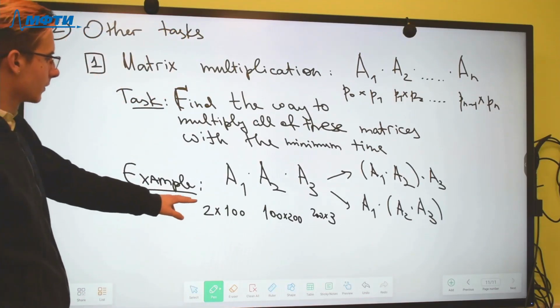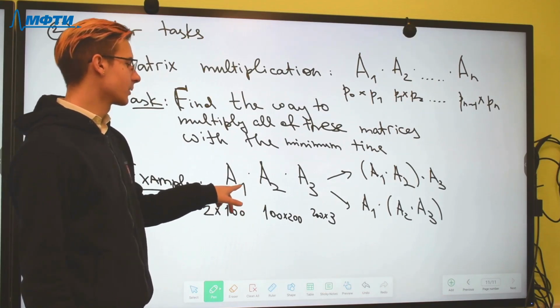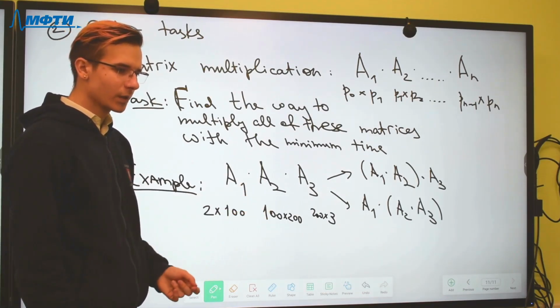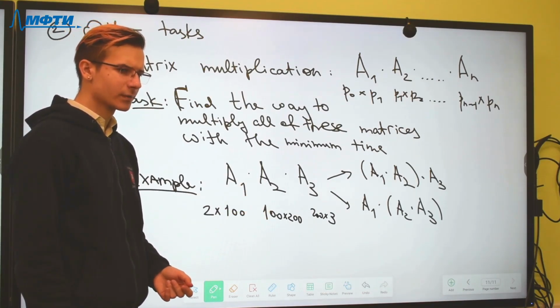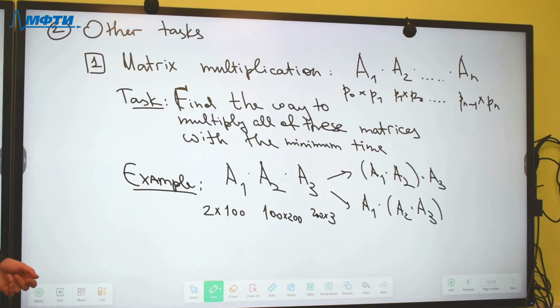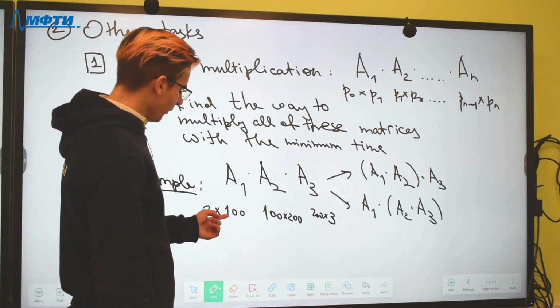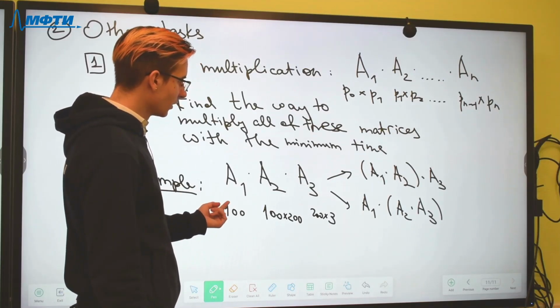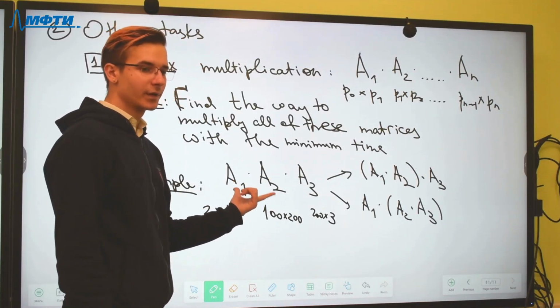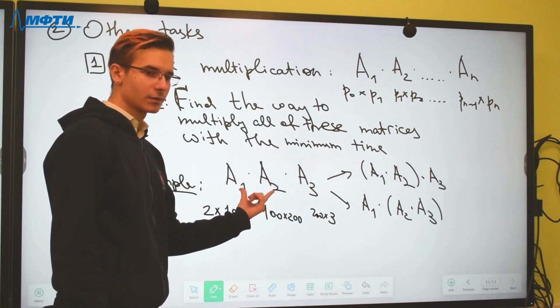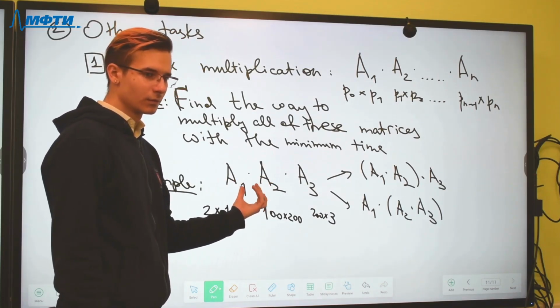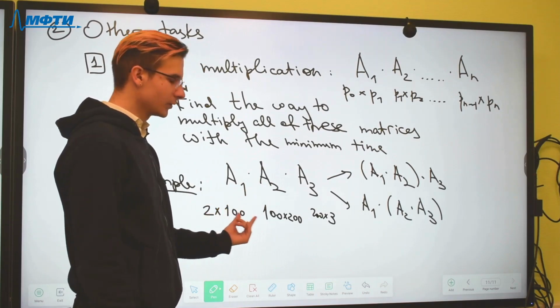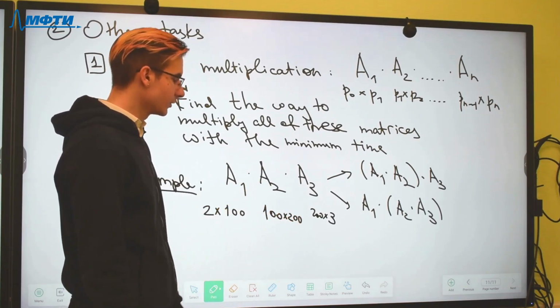If we multiply A1 and A2, how much time do we spend for it? What is the size of their multiplication? 2 and 200.